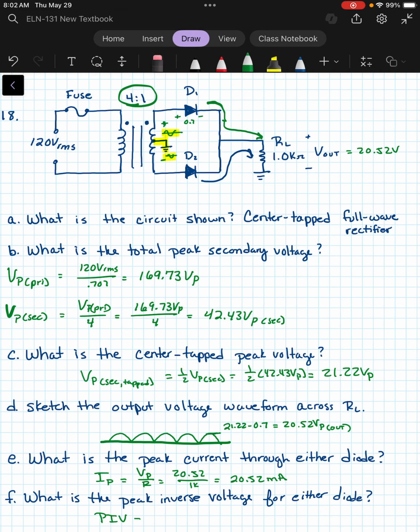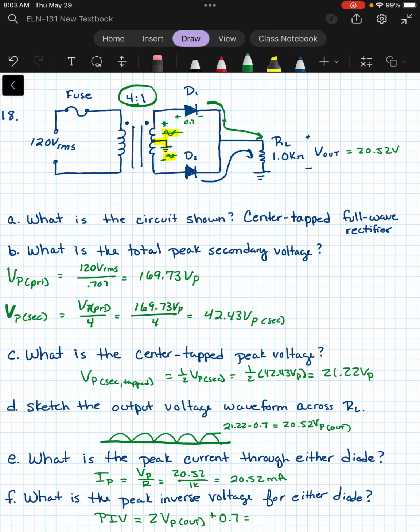And then what is the peak inverse voltage for either diode? Now for the center tapped, keep in mind that we're always going to see some kind of reverse bias against each of these diodes through each portion of the circuit. So the total we're going to see for the peak inverse voltage needs to be 2V P out plus 0.7.